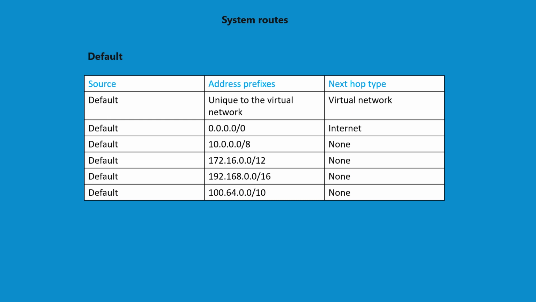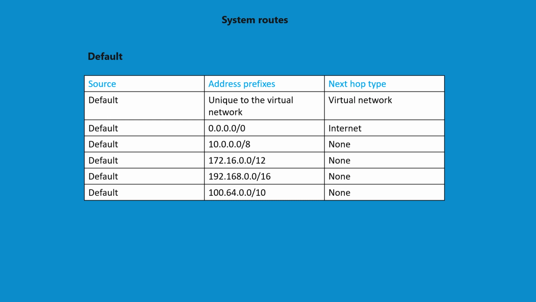Whenever a virtual network is created, Azure automatically creates the following default system routes for each subnet within the virtual network. So, virtual network, which is a next hop type, let's understand what it means. It routes traffic between address ranges within the address space of the virtual network.